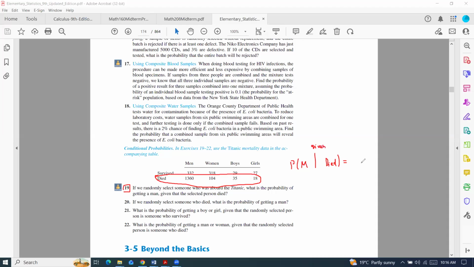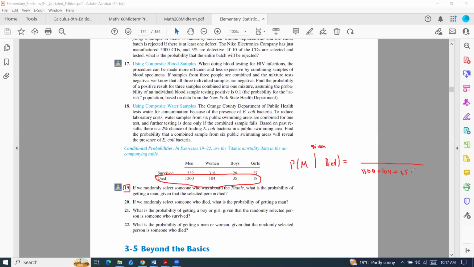Okay, so what's the total? Remember, probability is always a fraction. So this is a fraction that has a denominator that totals everything. So 1360, 104, and so forth. So this is the total that I put on the bottom.